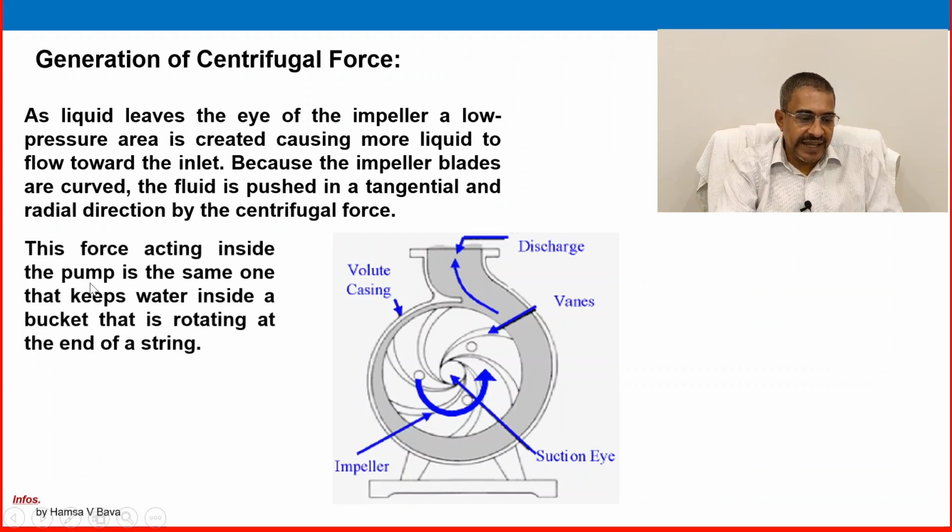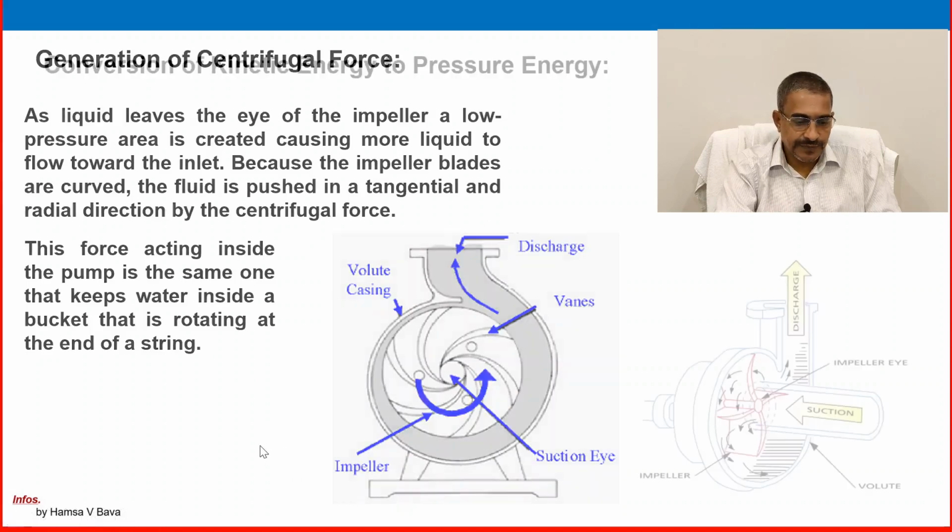The force acting inside the pump is the same one that keeps water inside a bucket that is rotating at the end of a string. Ultimately the liquid leaves to the discharge nozzle, the discharge side.